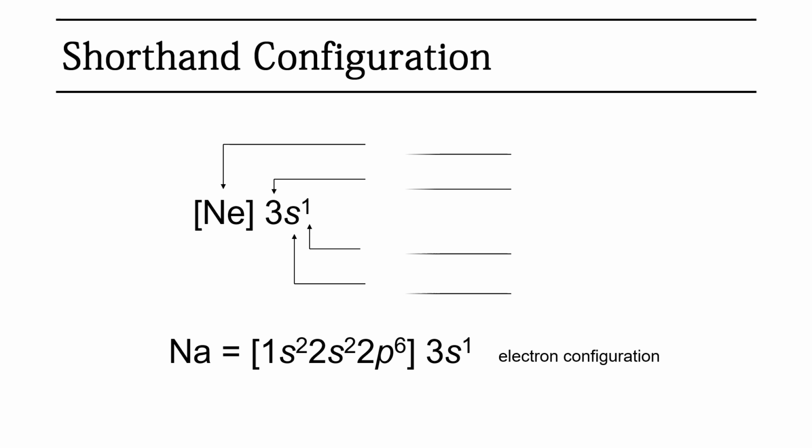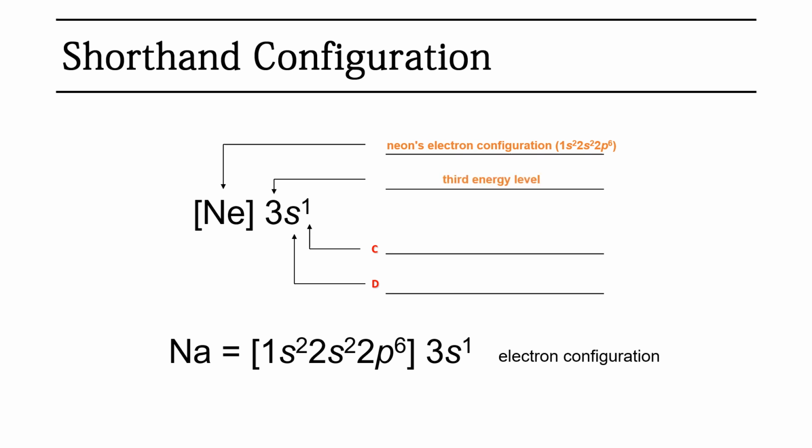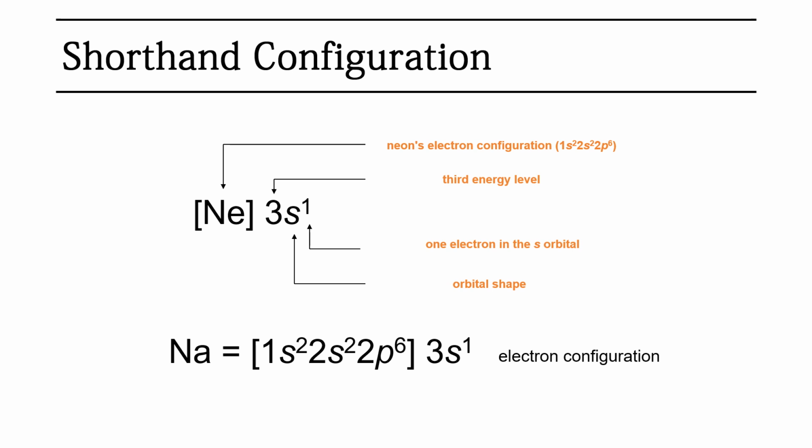Neon means the neon electronic configuration, and 3 means the third, the principal energy level, and s and 1. s is represented by the orbital shape and the azimuthal quantum number, which is represented by a letter. The superscript 1 represents the 1 electron in the orbital. Therefore, only a single electron exists in this s orbital. Those are what the shorthand configuration represents.